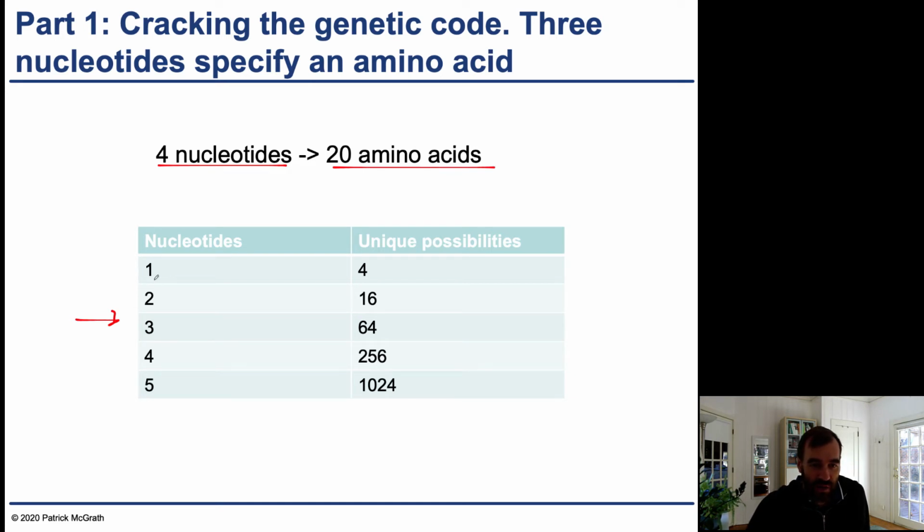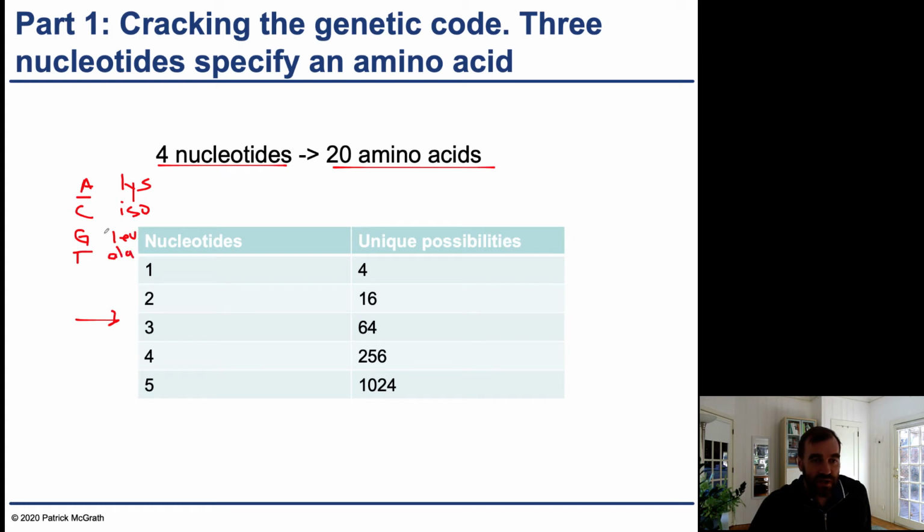And so let's say we look at 1, and so instead of the genetic code being a triplet, it was just a singlet. And so, you could have a genetic code where A, C, G, and T each encoded different amino acids. So maybe A encoded lysine, C encoded isoleucine, maybe G encoded leucine, and maybe T encoded alanine.